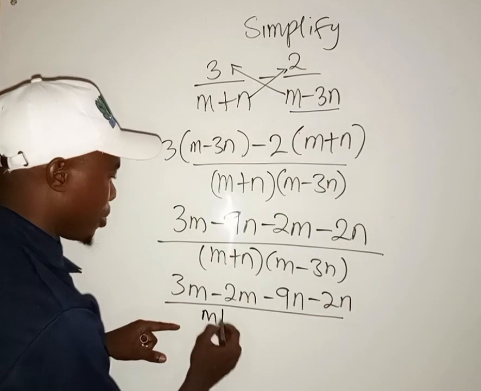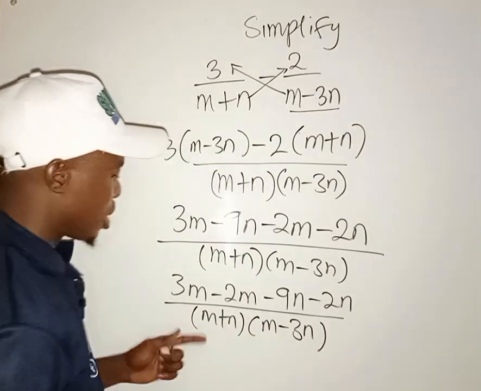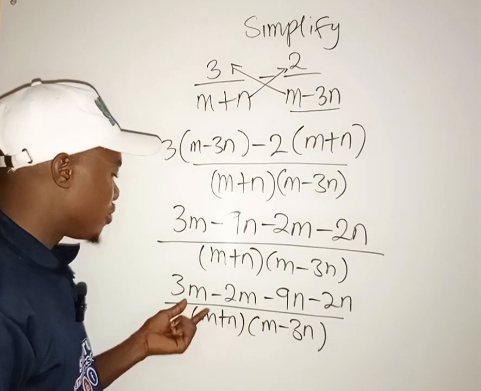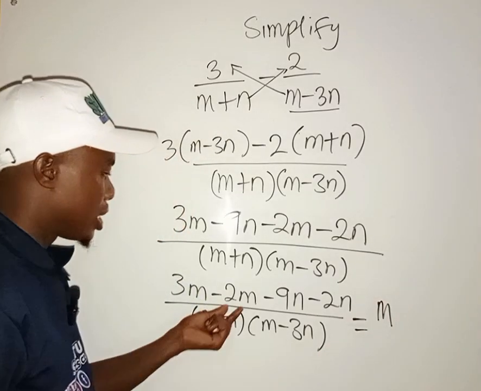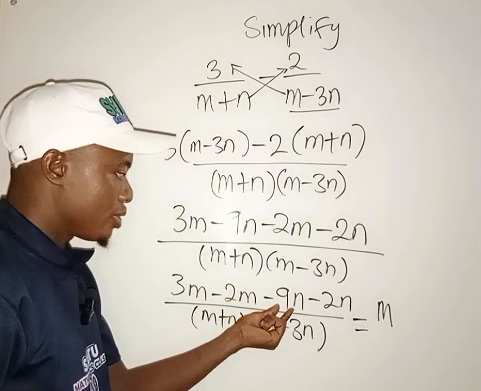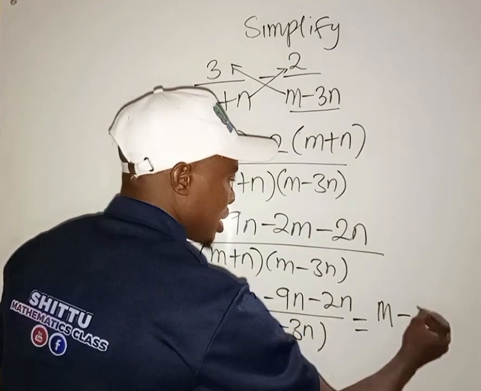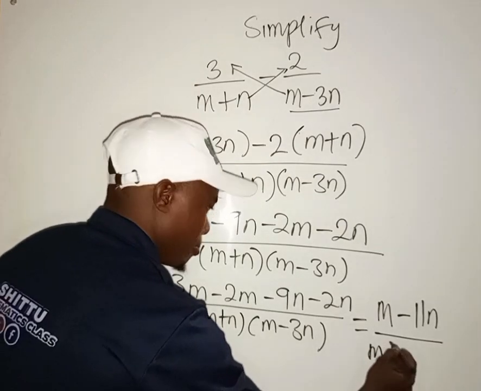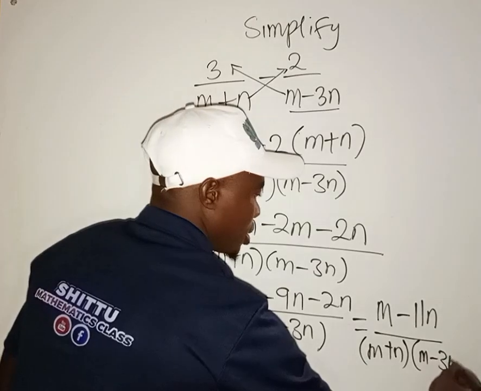Now 3m minus 2m gives me m. Then minus 9n minus 2n gives me minus 11n, divided by m plus n, then m minus 3n.